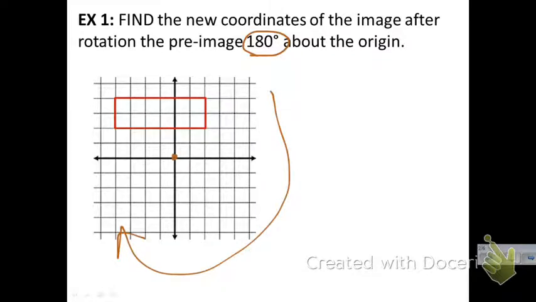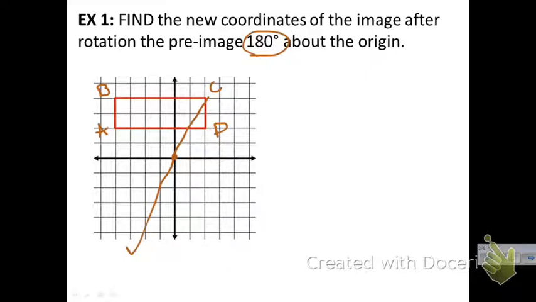And sometimes I have my students actually take their paper and flip it upside down so they can see where it will land. And then also I'm going to label these A, B, C, and D. And I'm going to take one point and show you that we would go through that point. Oh, that's a terrible line.